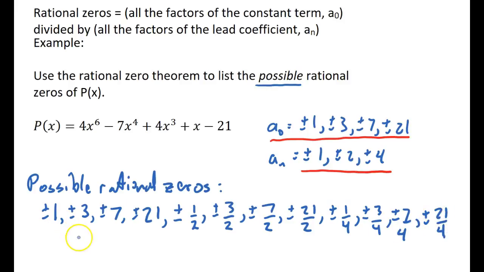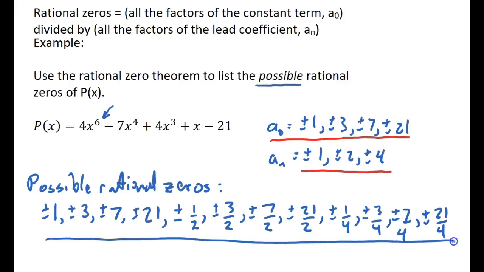Are all of these numbers actual zeros? No, of course not. Later on we're going to see that we're only going to get a maximum of 6. But if there are rational zeros, they have to come out of this list. That's what this theorem is good for.